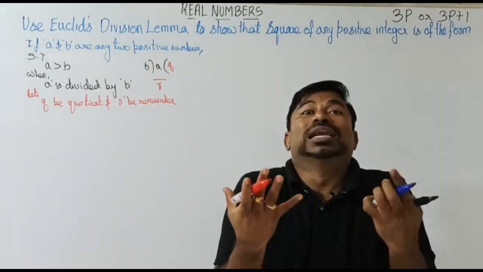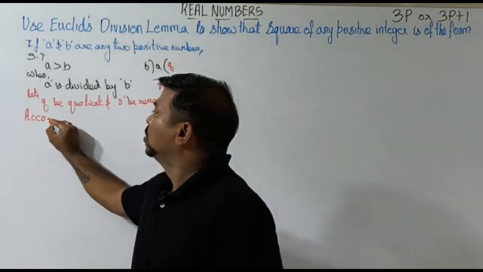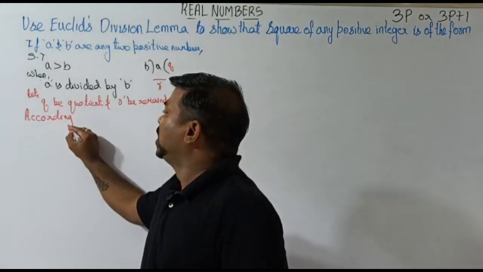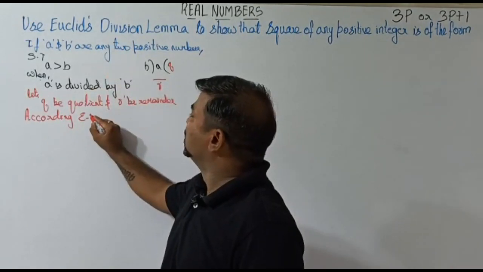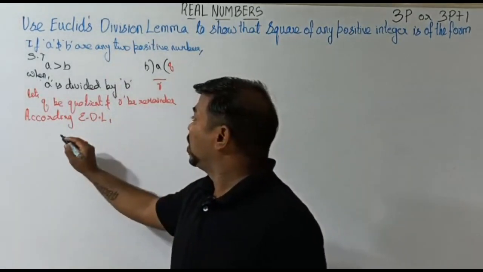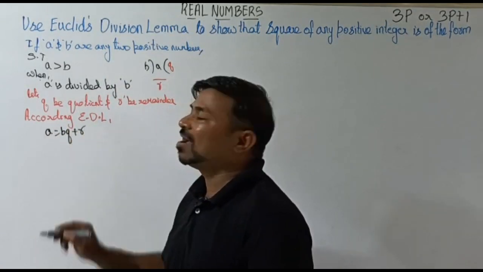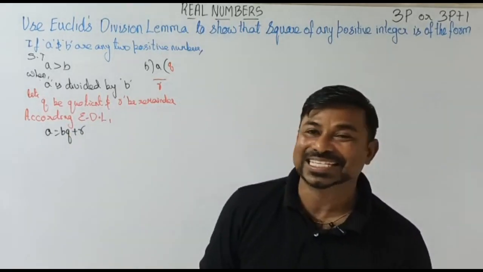Now, what did Euclid say regarding that? According to Euclid's division lemma, A is equal to BQ plus R. That is what our A is now.